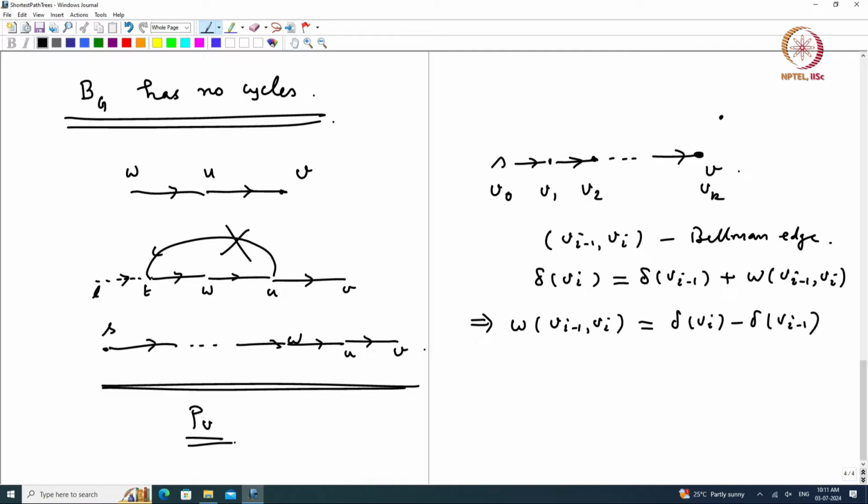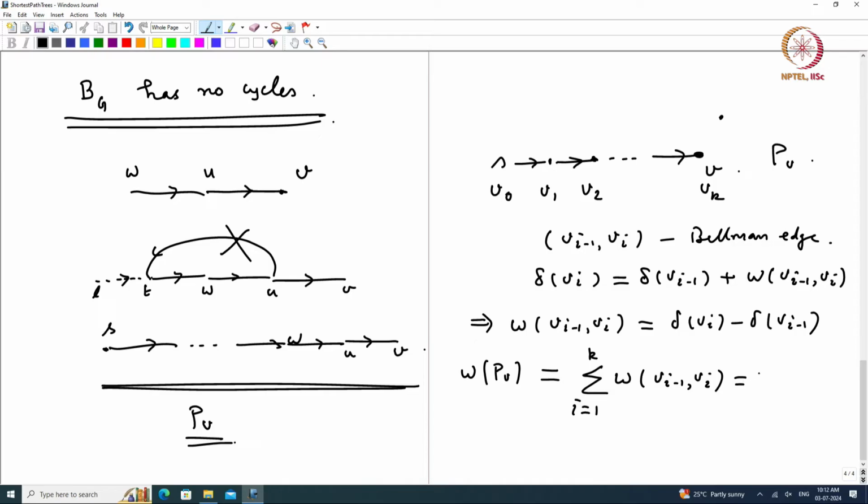What is the weight of the path? Let us say this is path PV. Weight of PV is weight of V0 V1 plus V1 V2 plus and so on, which is equal to sigma i equal to 1 to k of W Vi minus 1 Vi.